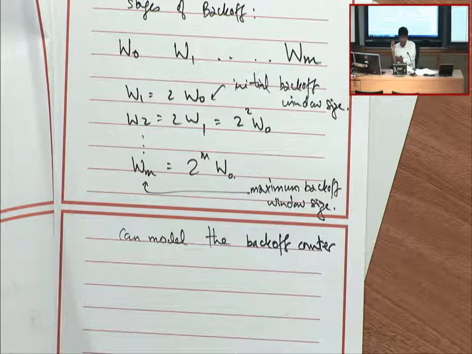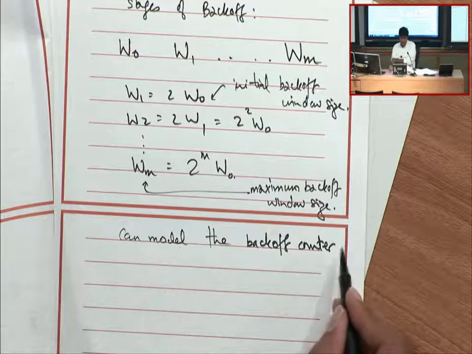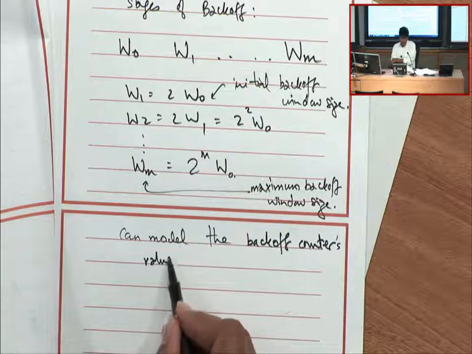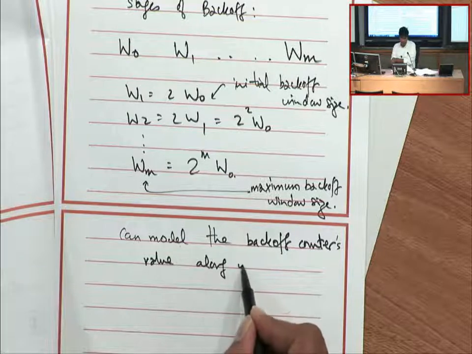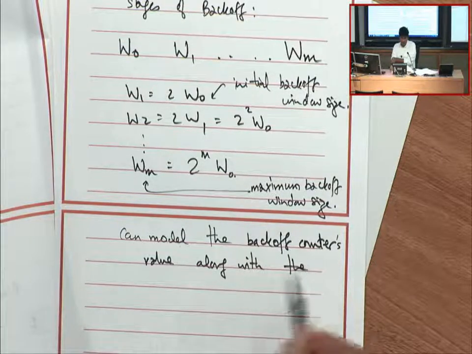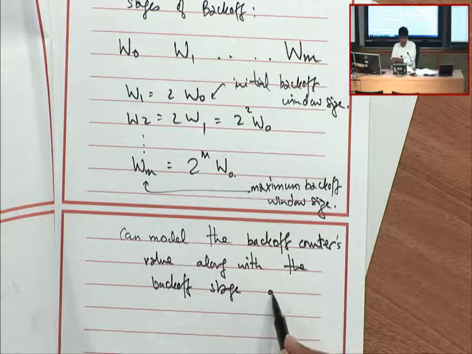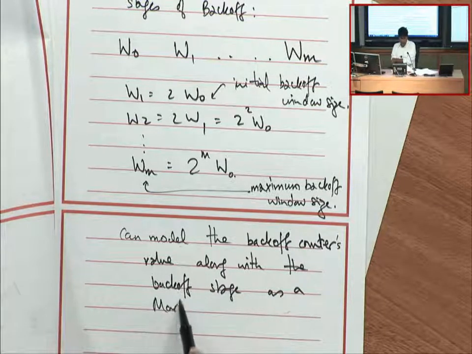So what we can do is model this back-off counter's value along with the back-off stage as a Markov chain.